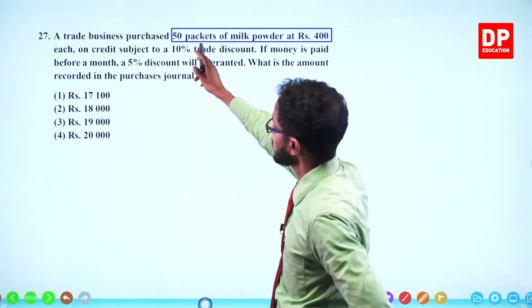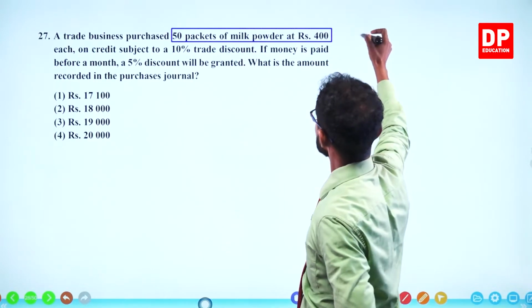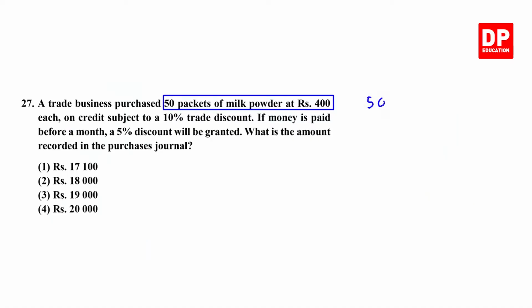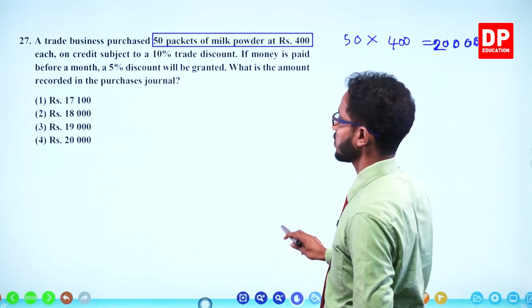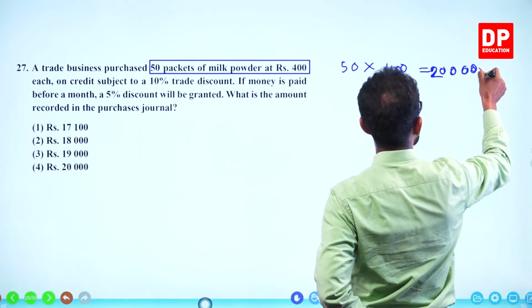But in those days they purchased 50 packets of milk powder at 400 each. So 50 into 400, how much? 20,000. On credit, subjected to a 10% trade discount. So what should we do here? We should calculate 10% out of 20,000.